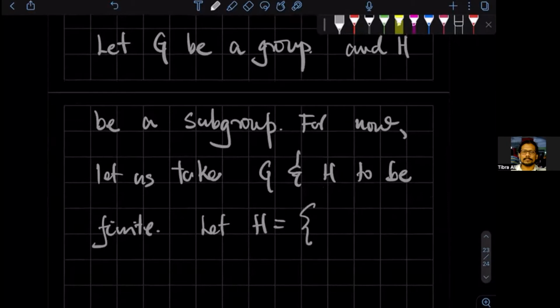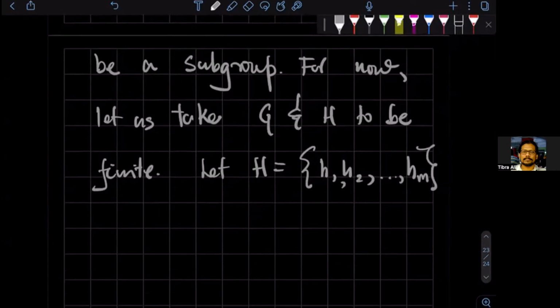Let's call its elements H1, H2, up to Hm. Since this is a group, that means that E is a part of H, right? This is a parenthetical remark.